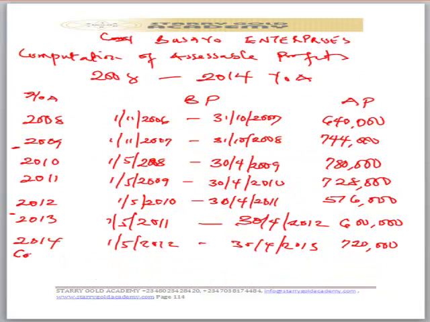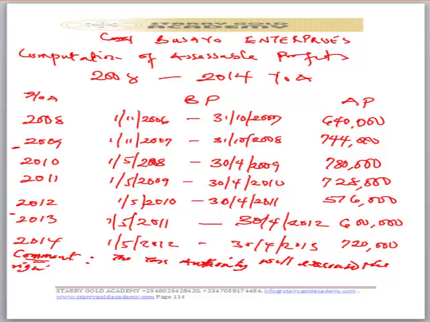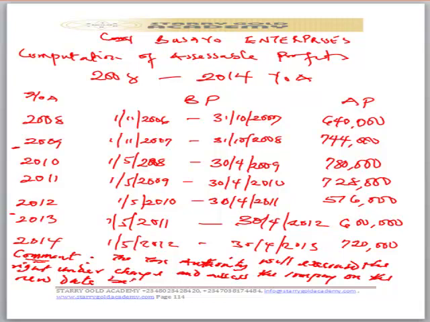So our comment here is the tax authority will exercise the right under change and assess the company on the new accounting date because a higher revenue will be generated.